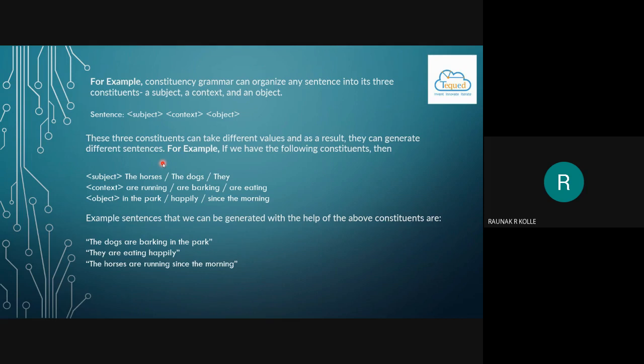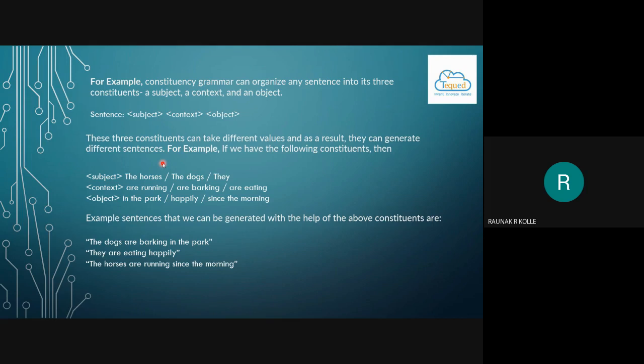For example, if we have the following constituents, then the subjects are the horses, the dogs, they, and so on. Context being are running, are barking, are eating, and objects being in the park, happily, since morning, and so on.